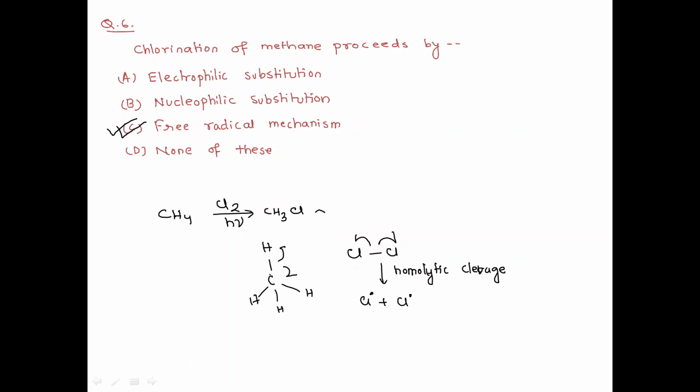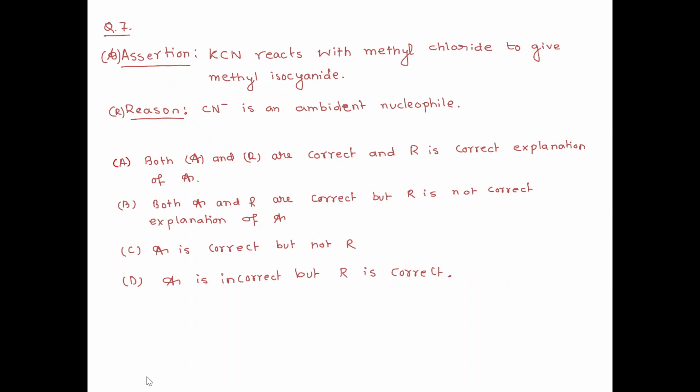One is attached to a carbon, and the other chlorine is attached to hydrogen, so you essentially get CH3Cl plus HCl. Then another hydrogen is substituted by Cl, so you know this is the free radical mechanism.